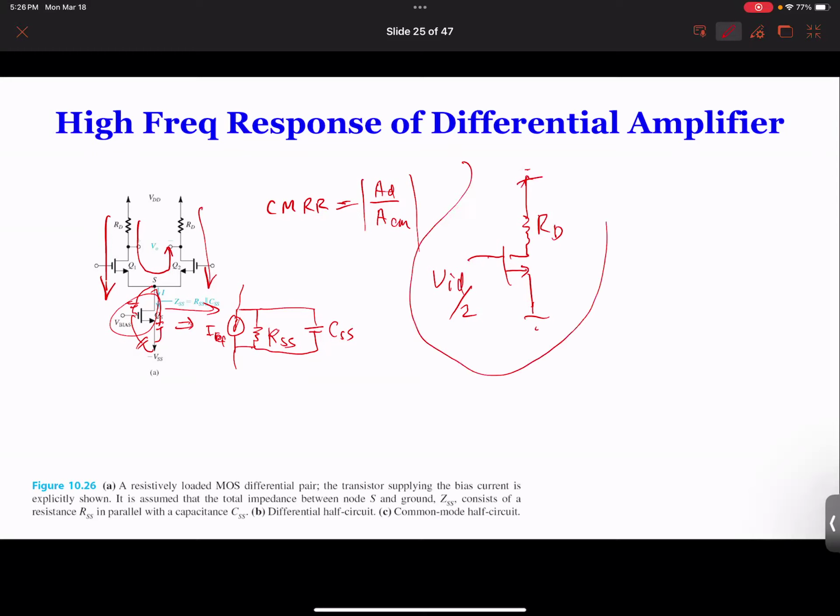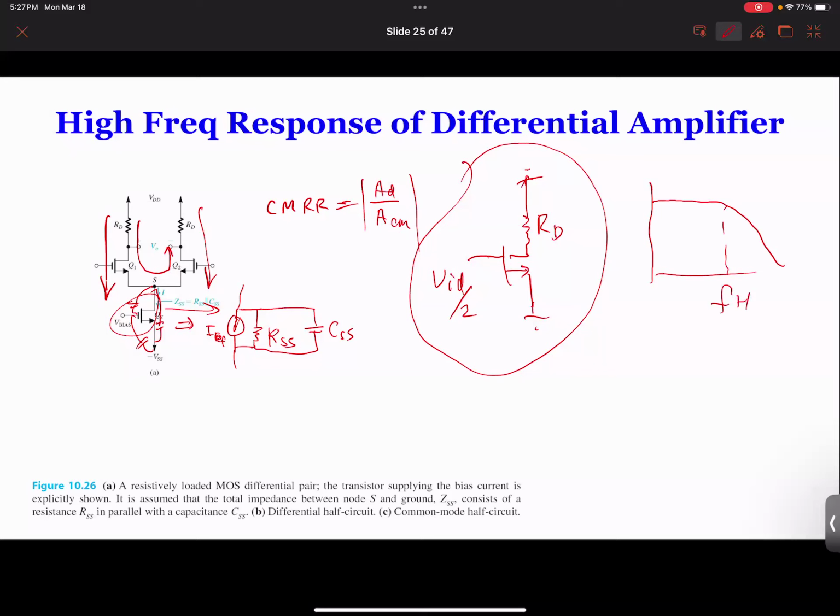If we look at this over here, you might already know that this is exactly the same as the common source amplifier we just covered. So if you plug in the capacitors, the resistance, everything, you will get exactly the equation that we get from the common source amplifier.